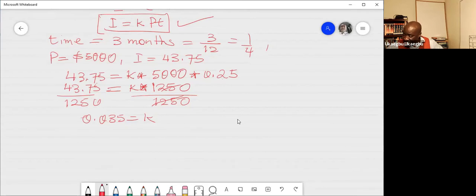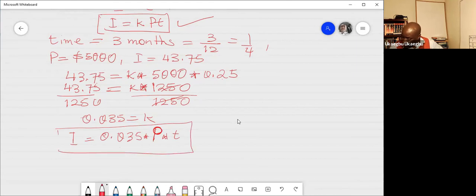The general equation that the bank will use would be I is equal to 0.035 multiplied by the principal P multiplied by time. This is the general formula that the bank will be using. So what that means is, once you are given the principal and the time, you can always calculate the interest.